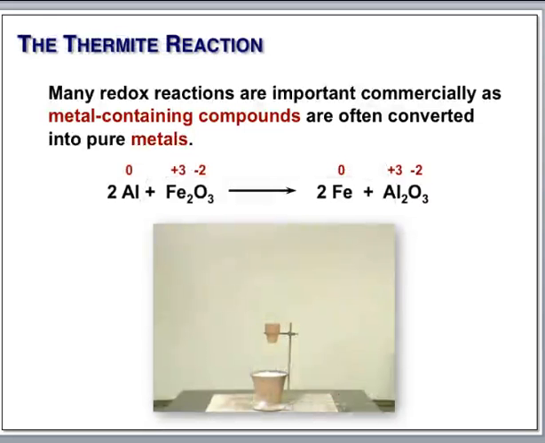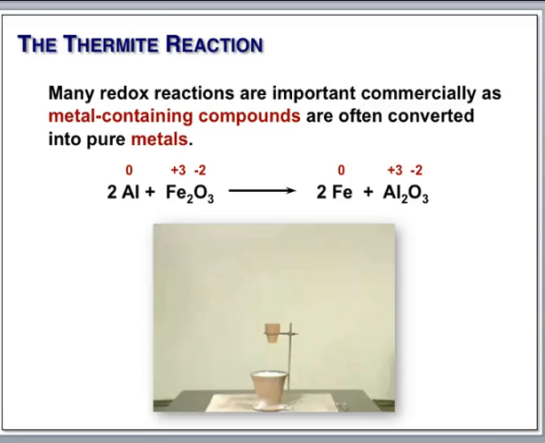Flower pots, as you know, have a hole in the bottom for water, right? This is a big pot full of sand. In this little pot up top, we have a mixture of aluminum and iron 3 oxide. This mixture is actually called thermite.